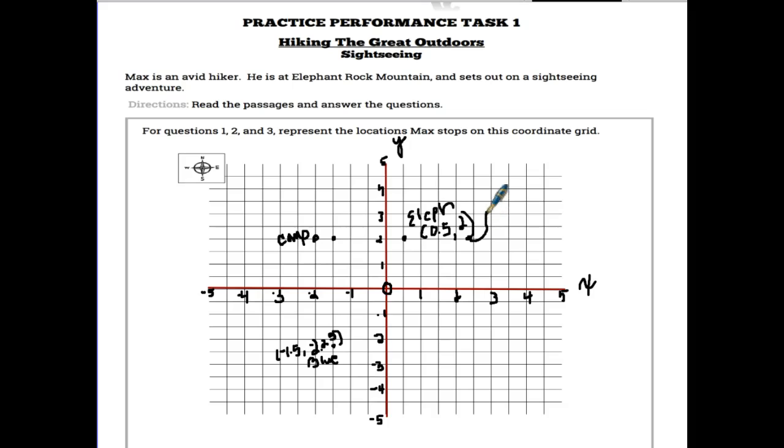So this over here is Rainbow Falls. Okay, and your points are 2.25, comma, 2.